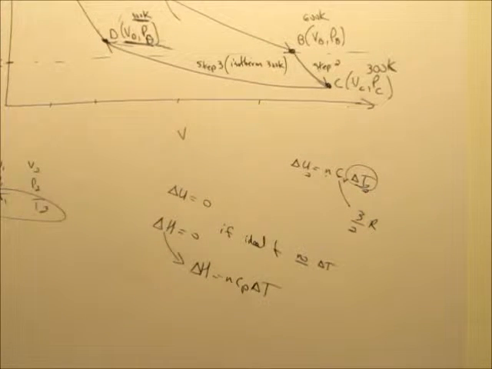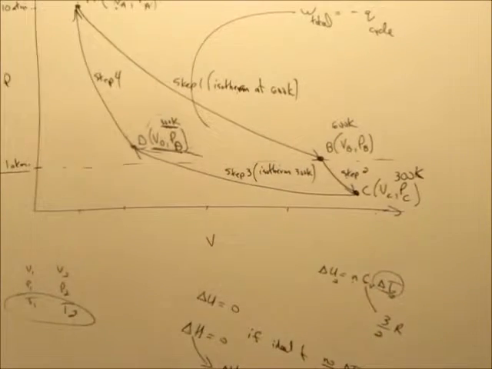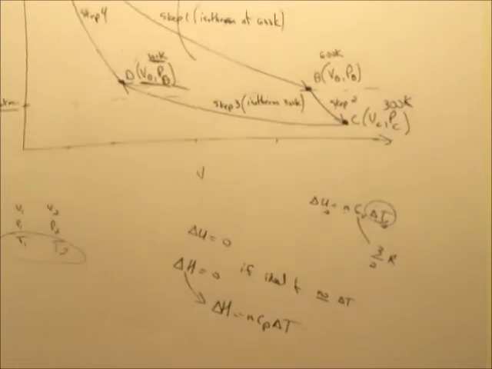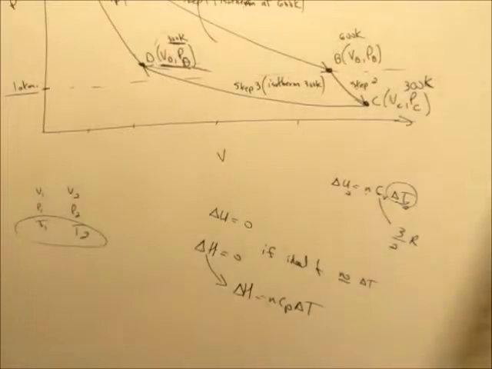So how do we handle entropy? Well, it turns out that entropy for adiabatic steps... One of the biggest definitions, and this is interesting enough, think about it: change in entropy of the universe.